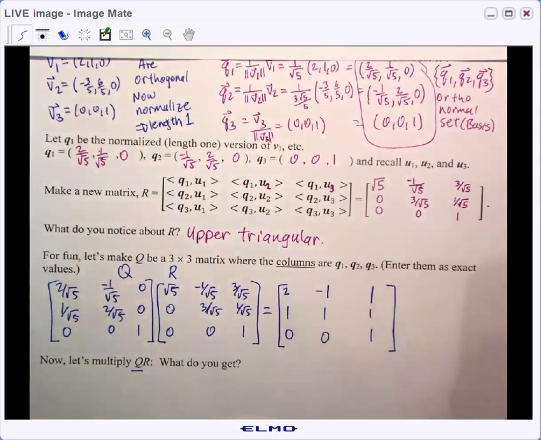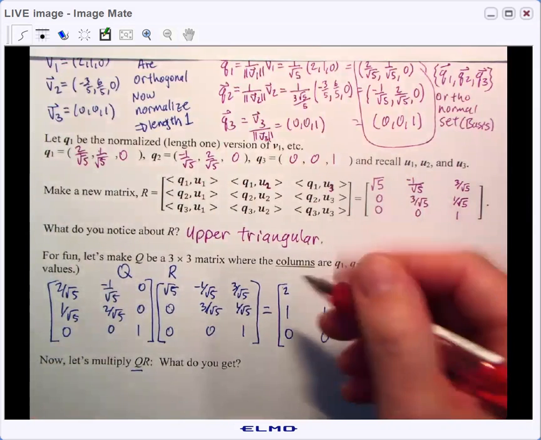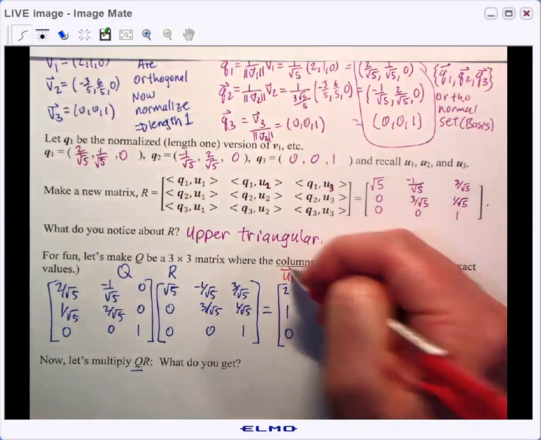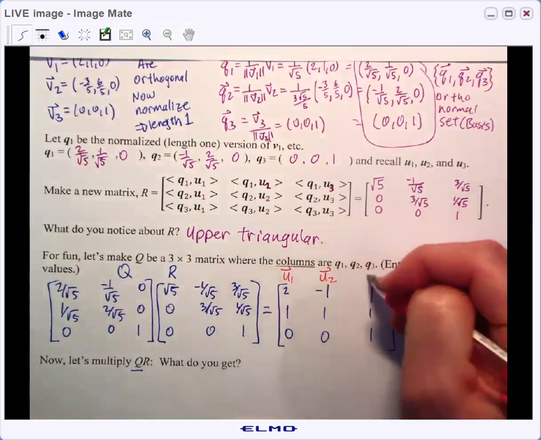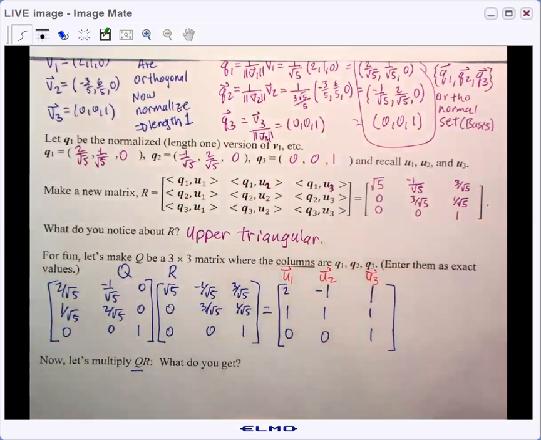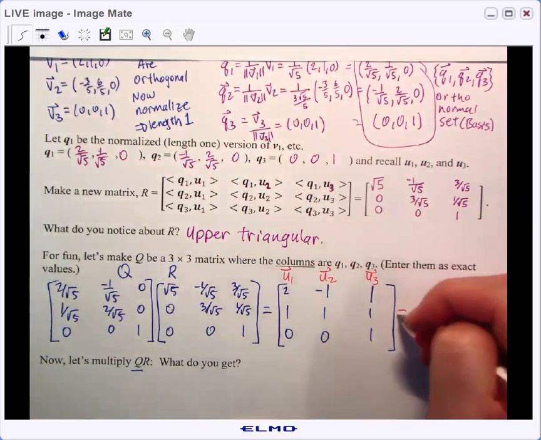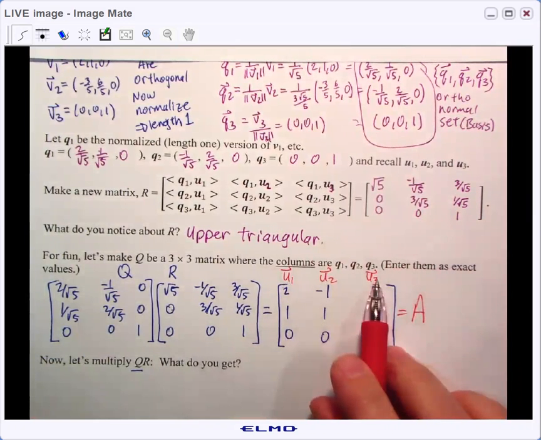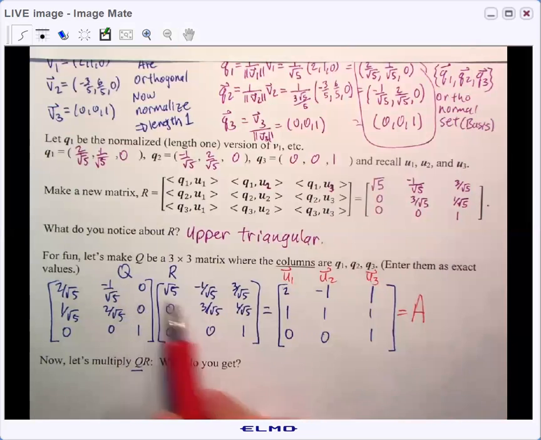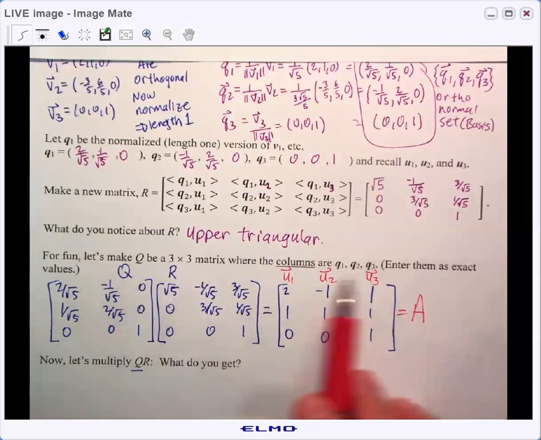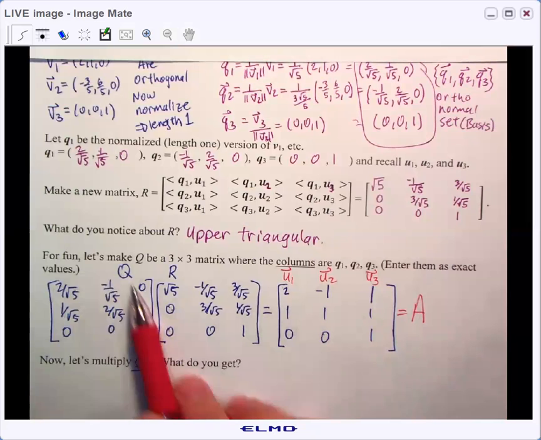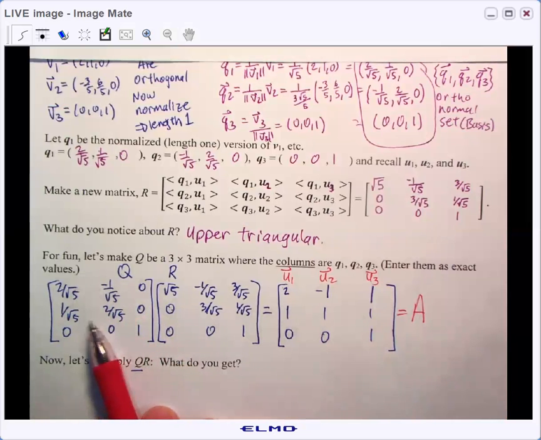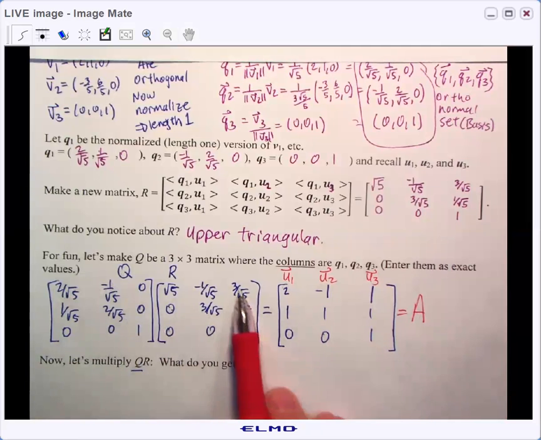But if you're careful, notice that this is just the U1, U2, and U3 vectors. Or in other words, if I were to make an A matrix out of the U1, U2, and U3 vectors, I've just created a way to break that A matrix down into a special Q matrix where the columns are orthonormal times an R matrix, which is upper triangular.